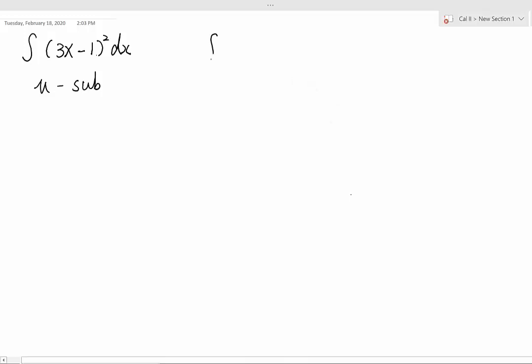How about we have the integration of (3x - 1) to the 2020? That's going to be very hard for us to do using basic integration, because I have to open it. That's too many terms. So how about different numbers for the exponent? How about we have a negative?